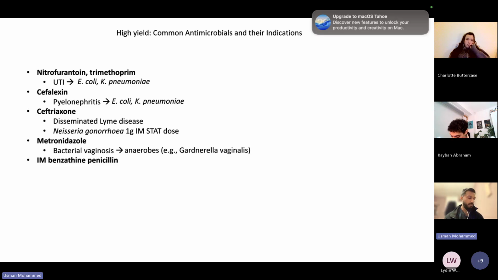Intramuscular benzathine penicillin, one very high yield indication. And I'll give you a clue, it's an STI. So we have GP meningococcal septicemia, which I think is right.